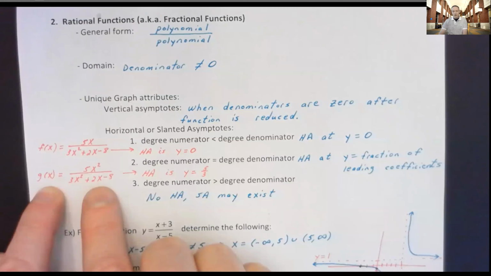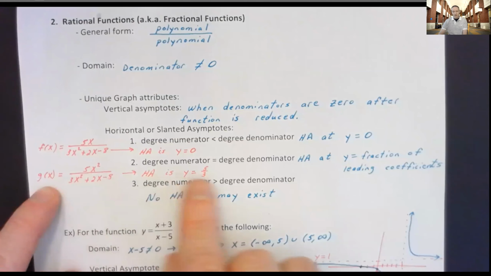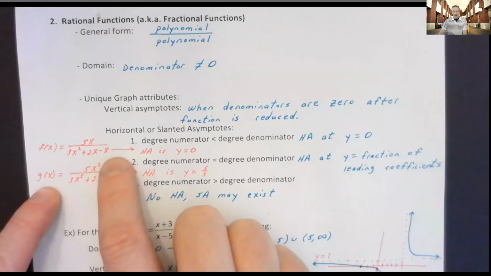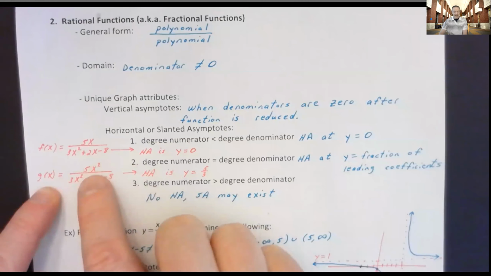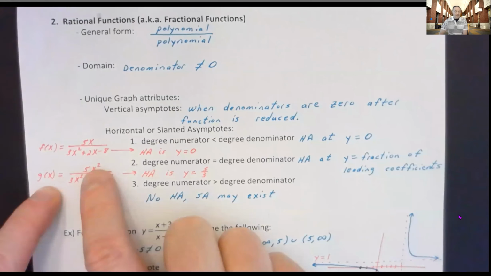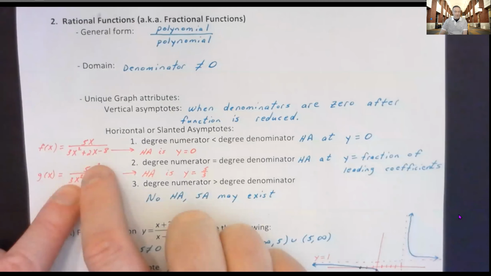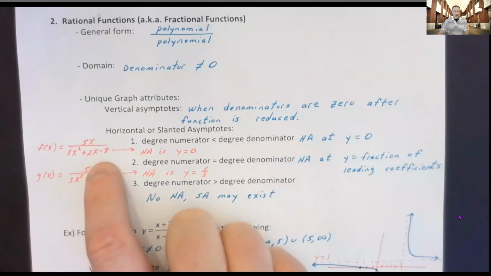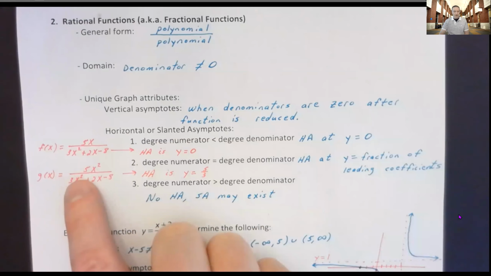To find its horizontal asymptote, I can see the numerator and denominator have the exact same degree. So all I have to do is take the fraction of the leading coefficients: I have a 5 as the leading coefficient in the numerator, 3 in the denominator.